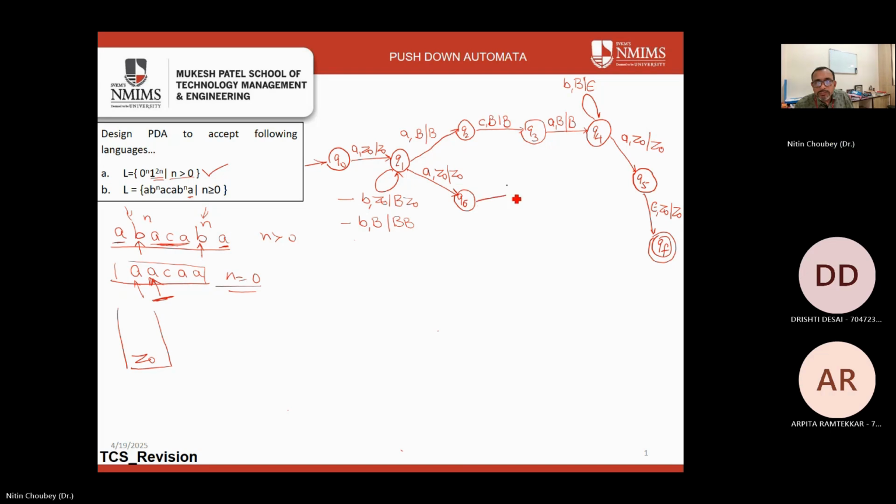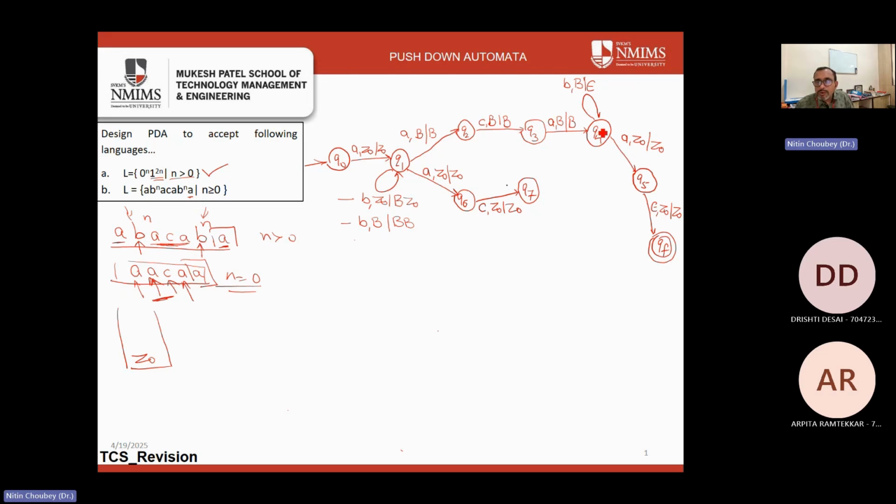Q6 followed by this C: C comma Z0, Z0 kept as it is. Q7. After this C we will get this A, and this A would be followed by this last A. For this last A we have already taken care.